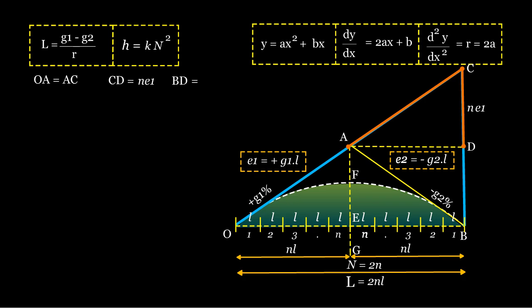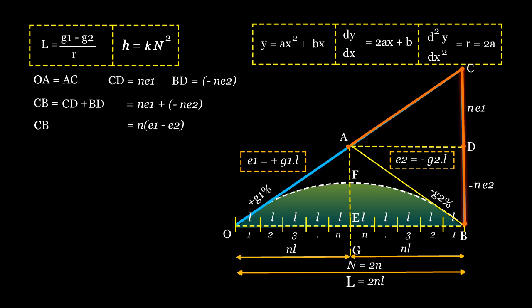And BD equals minus n into E2, that is minus nE2. Now, CB equals CD plus DB, that is nE1 plus minus nE2, that is n into E1 minus E2.